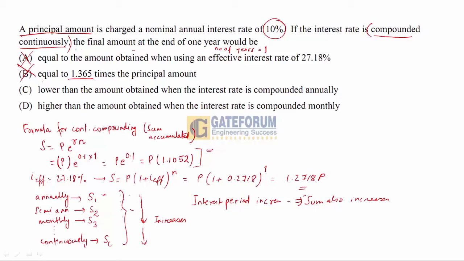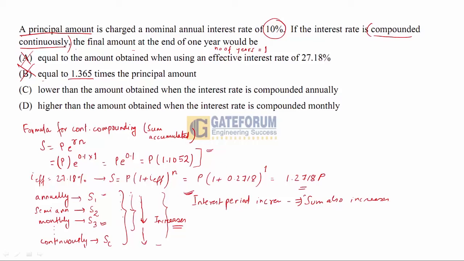So definitely it will be greater than case 1. And when compounding is done monthly, for every month whatever extra interest you have got, you will get some interest on that interest amount for the next month also. Likewise, that money will be accumulated, and finally you will get a good amount of money, which means that when the interest periods increase, the final sum also increases, as I have told you.